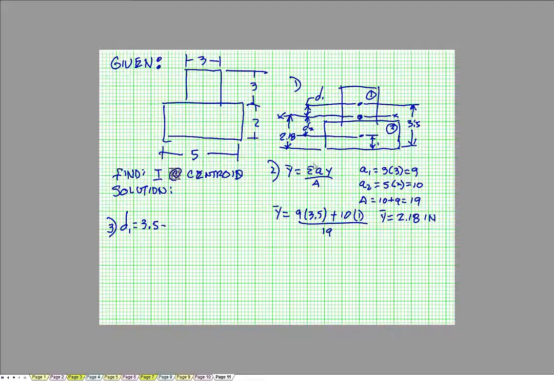So 3.5 take away 2.18 equals 1.3158. A little bit of overkill on precision, but that's okay.